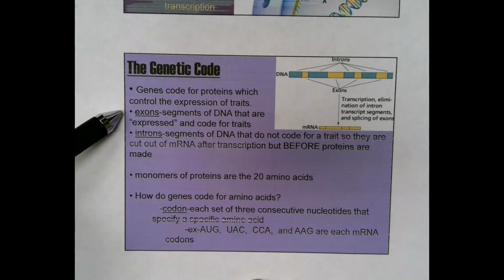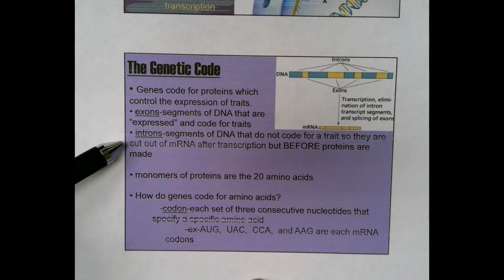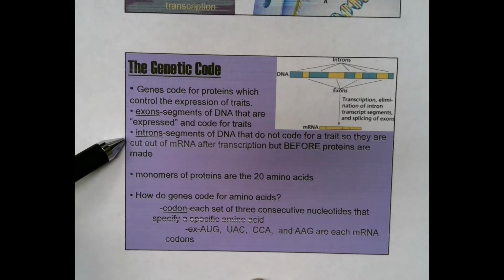We have sections of DNA that are expressed and that are going to code for the traits. Those are called exons because they are expressed. Then we have introns as well. These are segments of DNA that do not code for a trait. So they're going to be cut out of the messenger RNA after transcription, but before proteins are made, right?